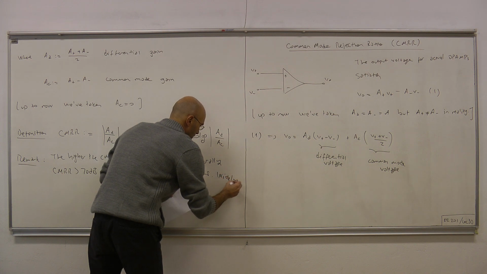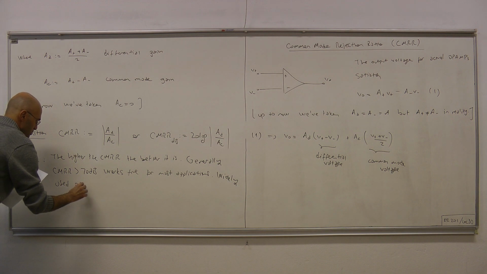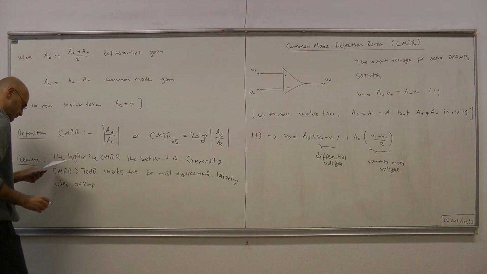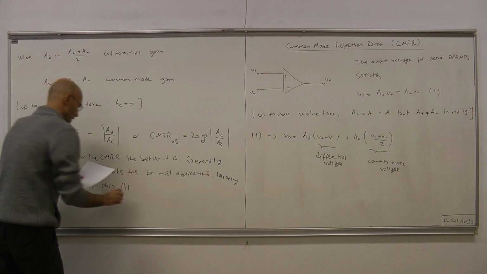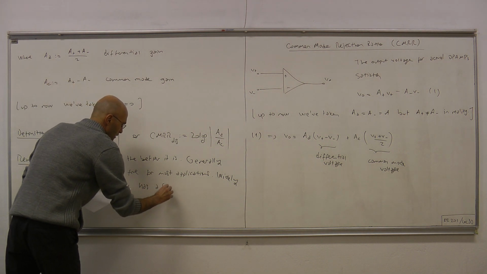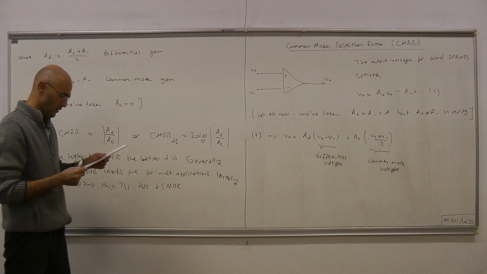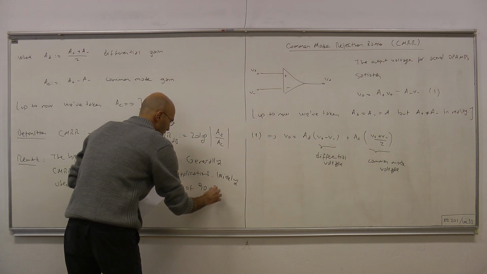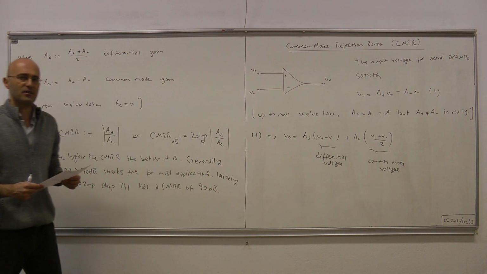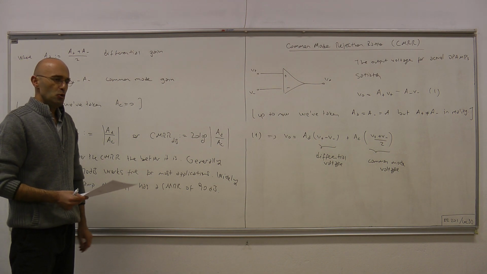Okay, and the widely used op-amp chip 741 has a common mode rejection ratio of about 90 decibels. Okay, so that's just a practical side information which may someday be useful to some of you.